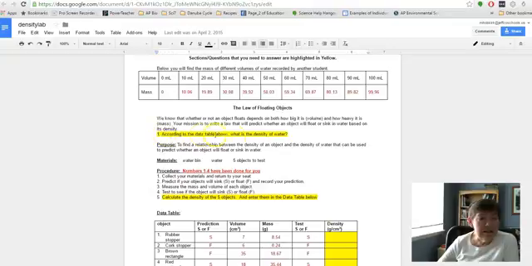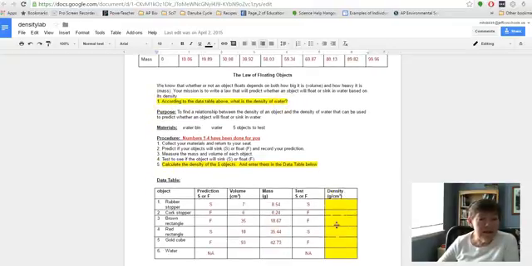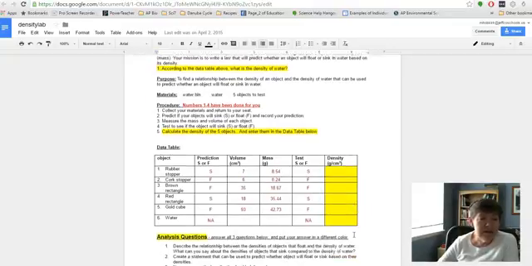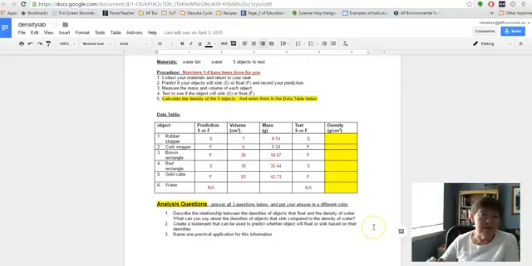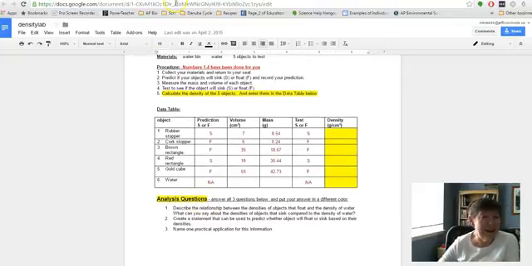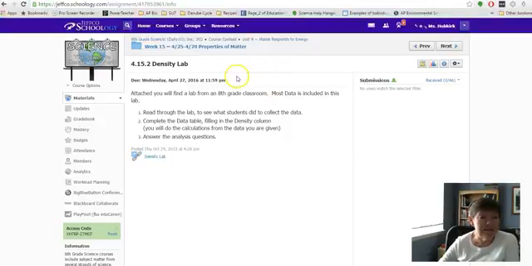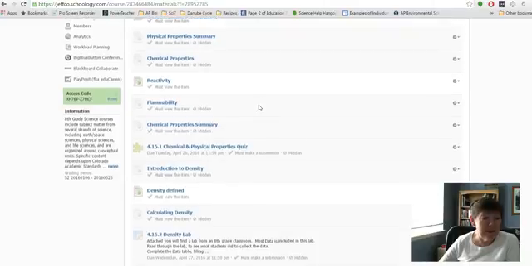You need to answer number 1 up here, and you need to calculate the density for each of these items, which was explained on the previous page. Then you need to answer the analysis questions. So it's not really a lab you need to do, it's one where you do the calculations and the analysis. That is due Wednesday the 27th.